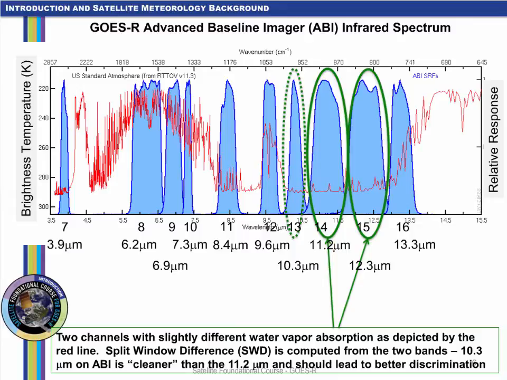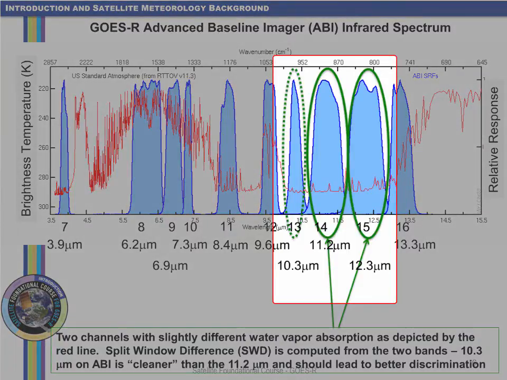Many of the heritage difference products use 10.7 microns on GOES 13, 14, and 15. How does that particular channel compare to the closest channels on ABI, channels 13 at 10.3 microns and 14 at 11.2? The 10.3 micron channel is cleaner, that is, there is less water vapor absorption, and it's also narrower than the 10.7 micron channel on GOES 13, 14, and 15.